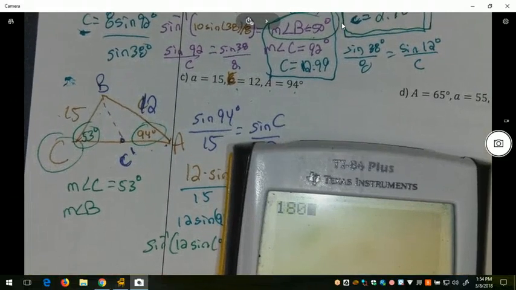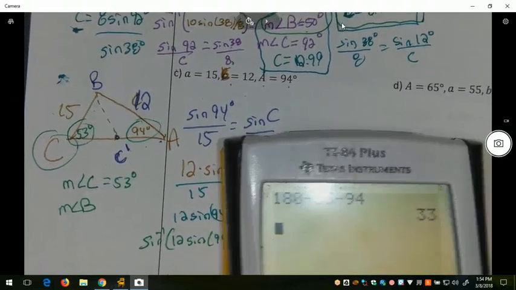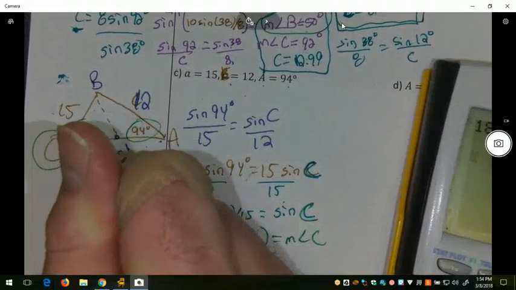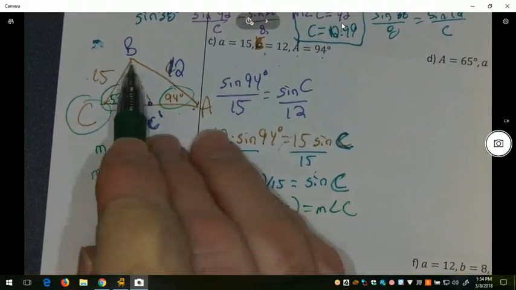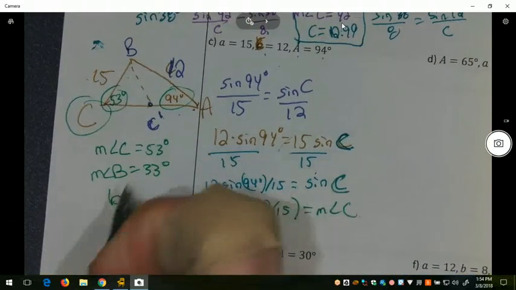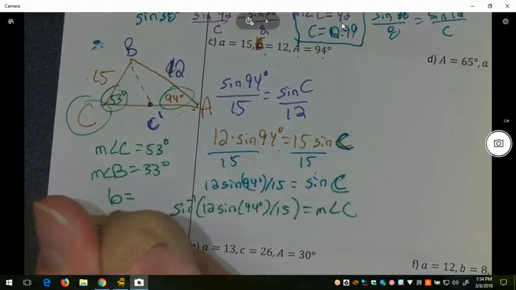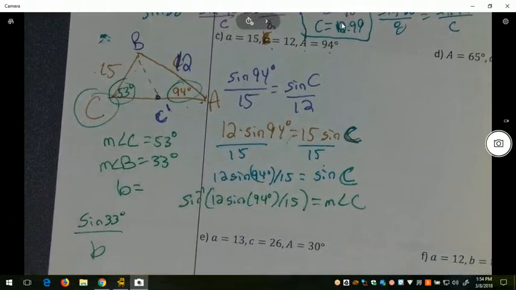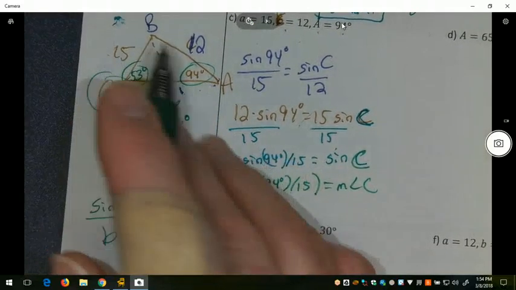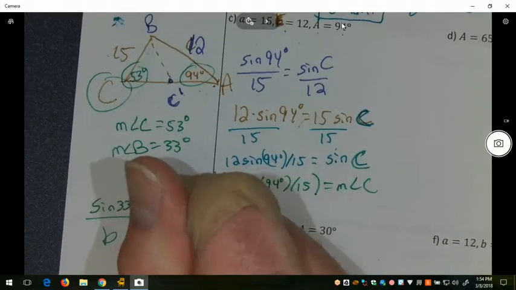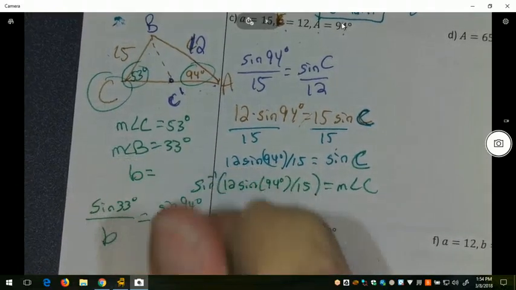If this is 53 degrees, that means the measure of angle B, using the 53 and the 94, and triangle sum theorem, 180 minus 53 minus 94 is 33 degrees, which now allows me to solve for side B, because opposite of that is side B. So sine of 33 over B equals, we go back to the original angle and side given, sine of 94 degrees over 15.